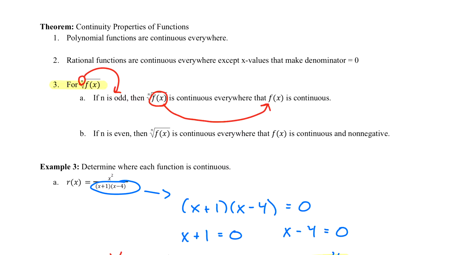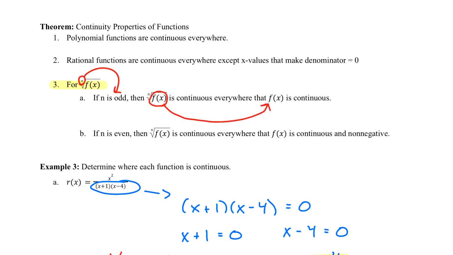So we're really just going to be interested in looking at just that part. That inside part. Is the part that's inside of my radical continuous or not? And we can use these two properties that we talked about up here with polynomial and rational functions to help us determine if the, quote, inside part is continuous or not. So that's the first of the two cases.